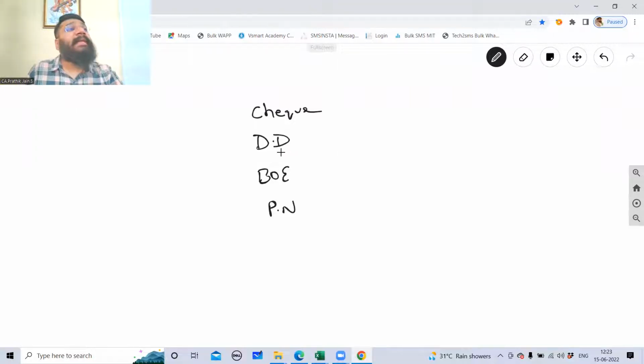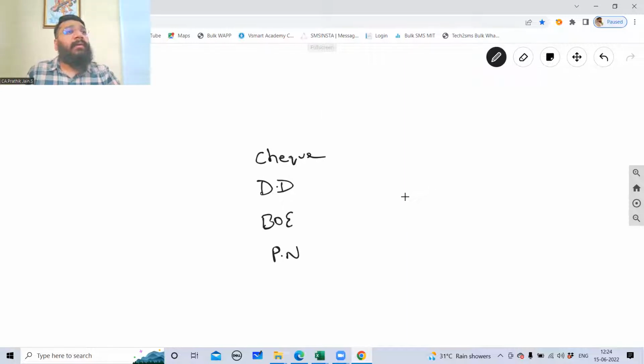Then we have something called DD. DD is called demand draft. Now, DD has of late lost its importance after we have all this online banking, RTGS, NEFT, IMPS. After that came into the picture, DD lost its significance. Then we have bills of exchange and promissory notes. Now, these 4 things, guys, are governed by a law called the Negotiable Instruments Act.